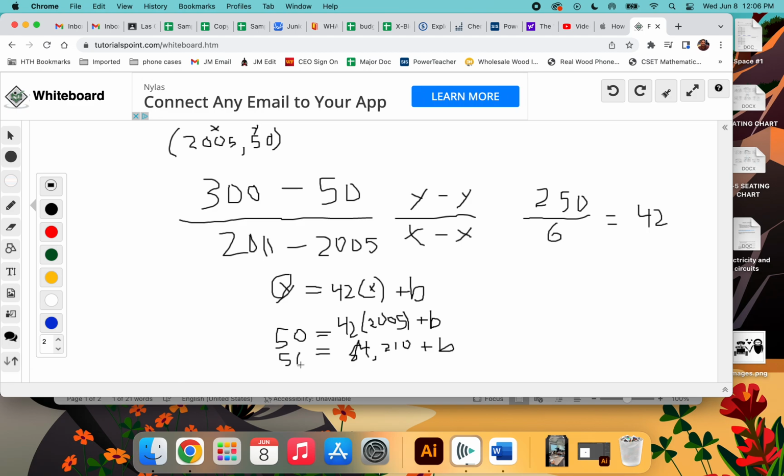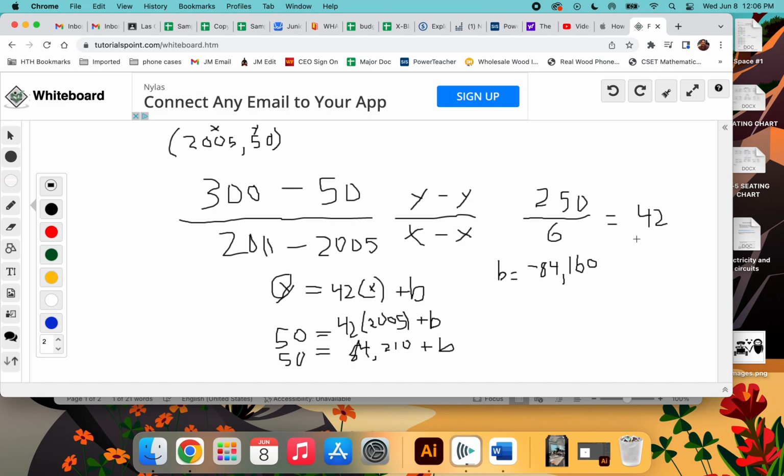I'll write the b over here, and b equals negative 84,160.